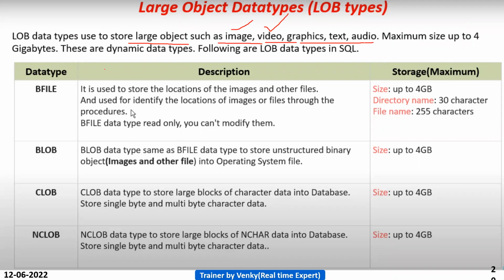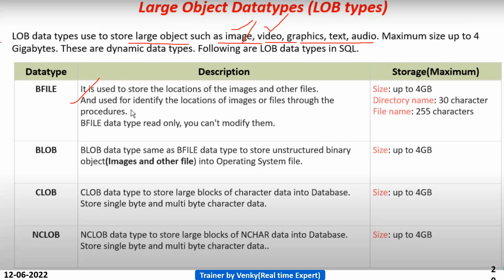The same way, if you want to store video, graphics and text, it's more than 4,000 bytes. So that's the reason Oracle has introduced large object data types, used to store large objects such as images, videos, graphics, text, audios, and all.